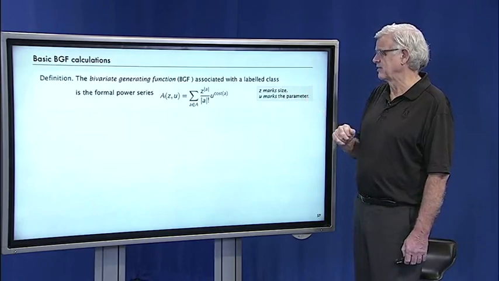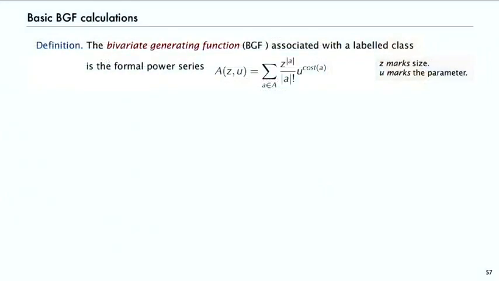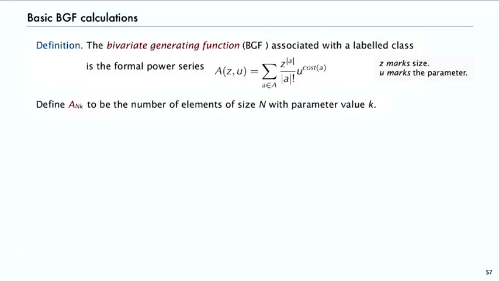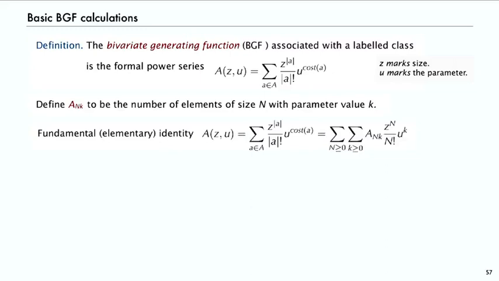So what are the basic calculations? We start with a bivariate generating function. This is exponential for labeled classes like permutations, because that's all the examples I've done so far today. So if you want to go back to the way that maybe you're used to thinking of things, we had in our tables the number of elements of size n with parameter value k. Then we have the fundamental identity, which just extends what we did for single variate generating functions.